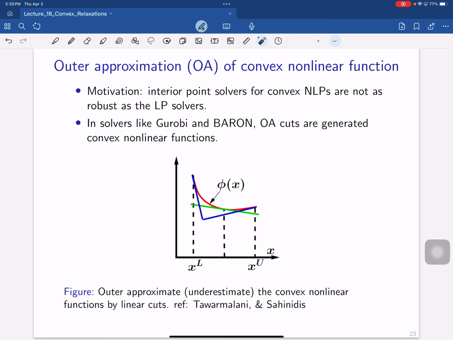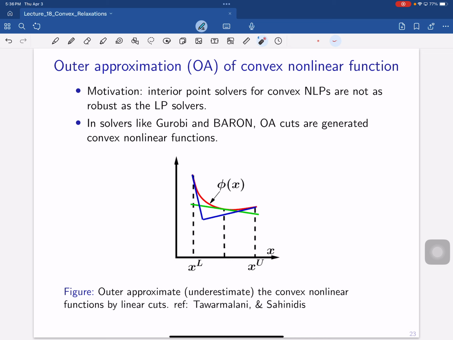Now, the challenge here is, where should you do the first order Taylor series approximation? There are infinite number of points you can choose to under approximate the convex nonlinear function. There are always trade-offs. If you use too many points, then the LP will be slow. You are adding a bunch of linear inequalities.